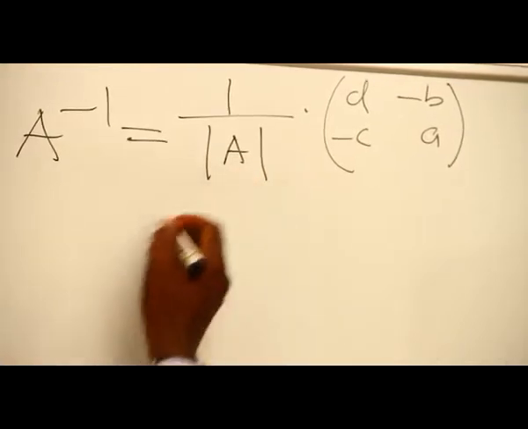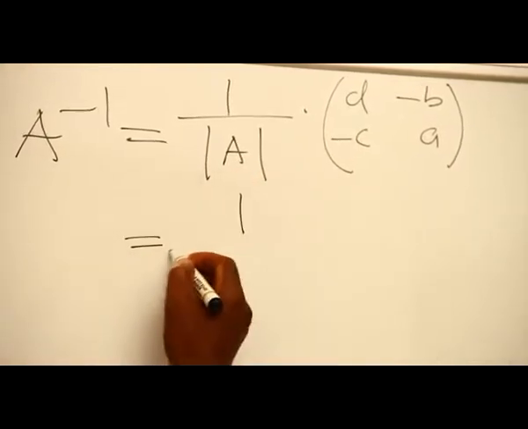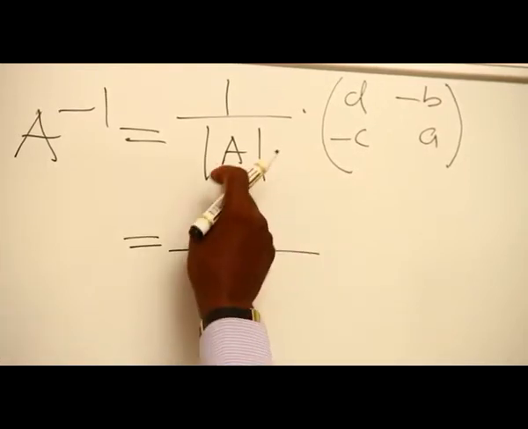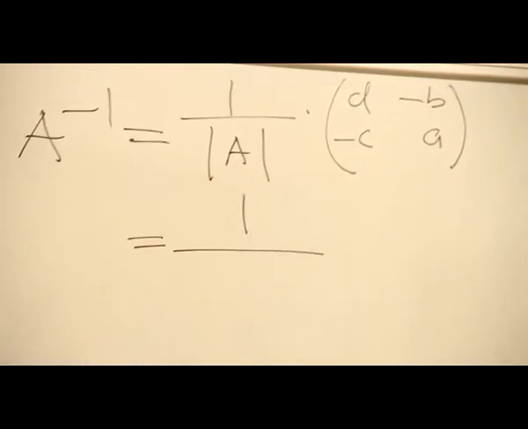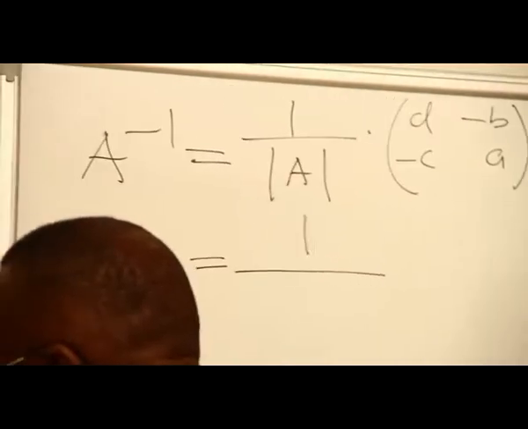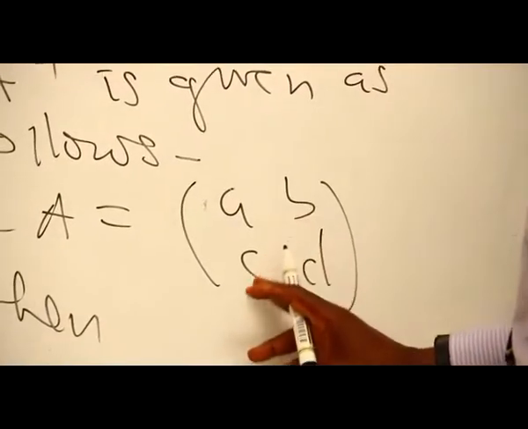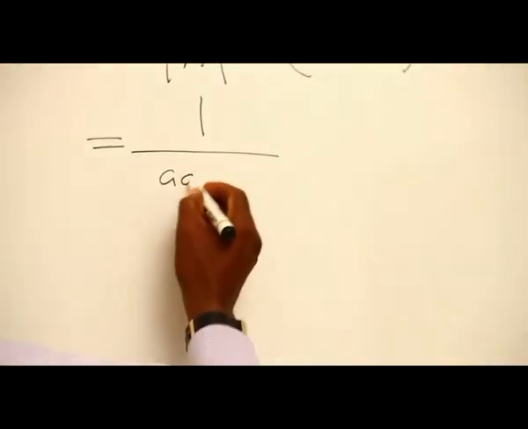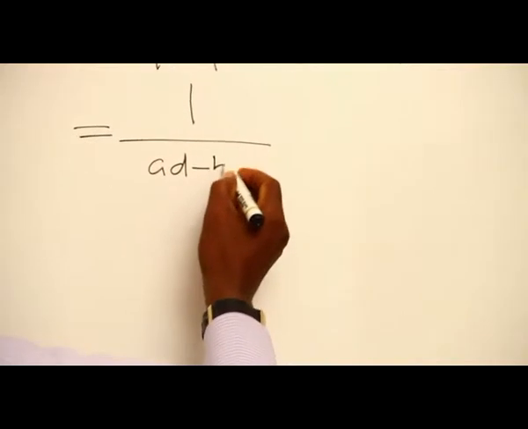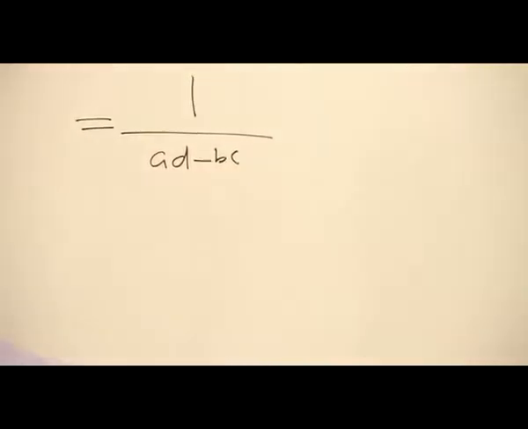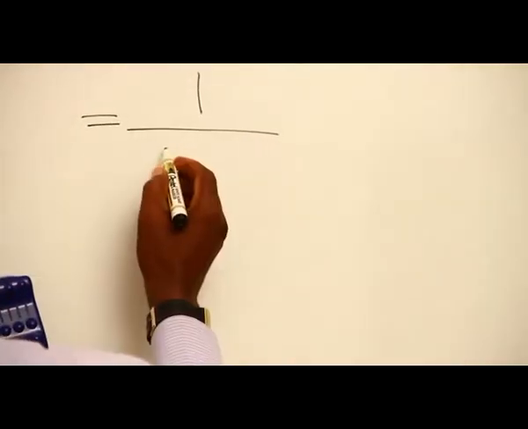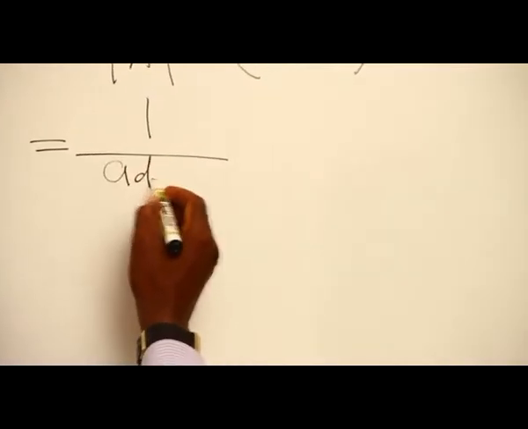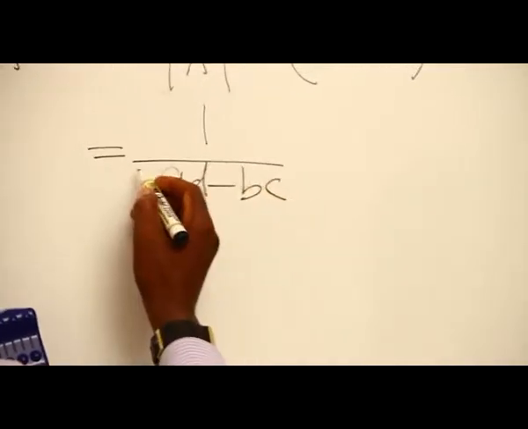Now, this means 1 all over, what is the determinant of A? It means A times D minus B times C. So that is AD minus BC. I say that again: AD minus BC.